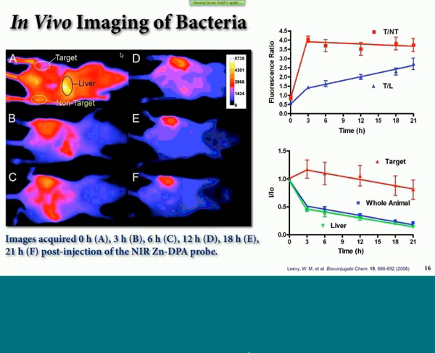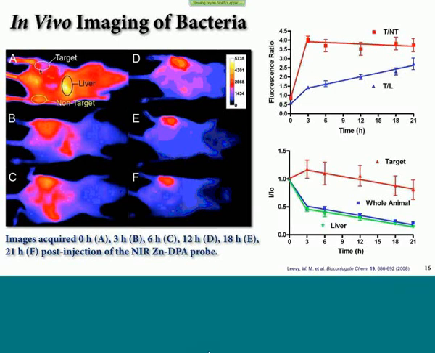I just want to go through a couple things in these images. First of all, we can see that the probe diffuses throughout the body and that the whole body is lit up with high fluorescence intensities at 0 hours post-injection. Over time, the body fluorescence significantly decreases, and this indicates that the probe is clearing away from the body.